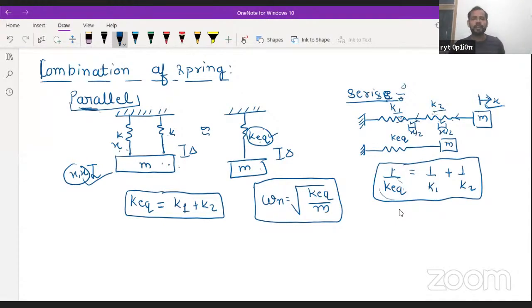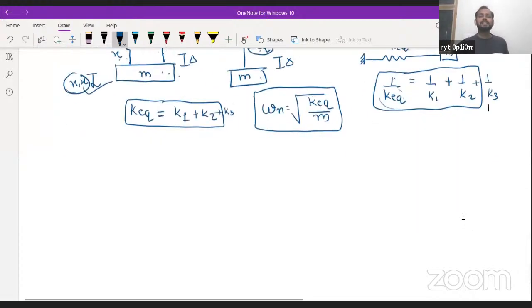Is it okay, or is there any doubt? If the displacement of a spring is the same as the displacement of the mass, then the spring is said to be in parallel. And if the displacement of the spring is not the same as that of the mass, then the spring is said to be in series. After that, if there are more springs in parallel, then your formula can be extended in the same manner. I hope now it is clear to you. Now we will see one more concept.